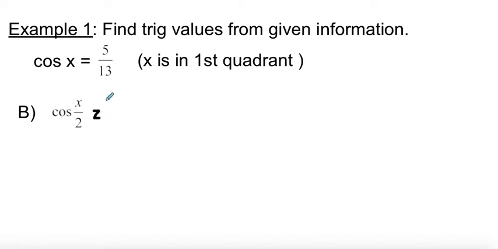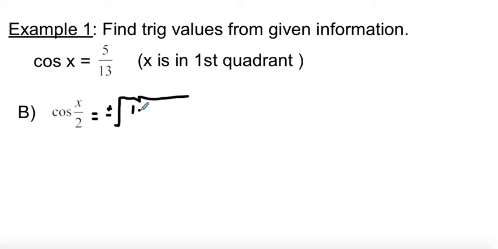There's only one formula for this one. So it equals plus or minus the square root, and it says 1 plus the cosine of x.